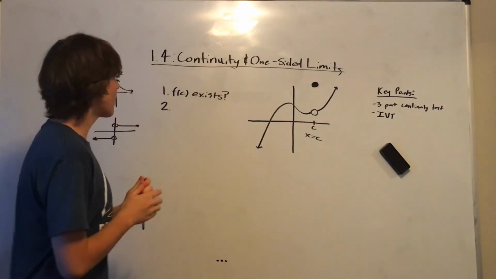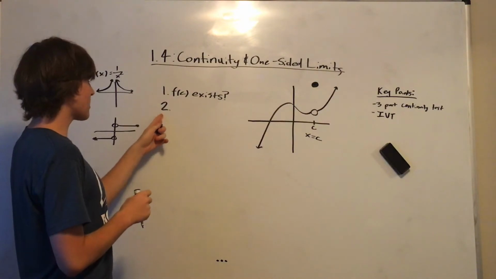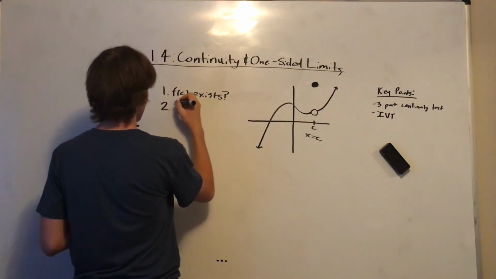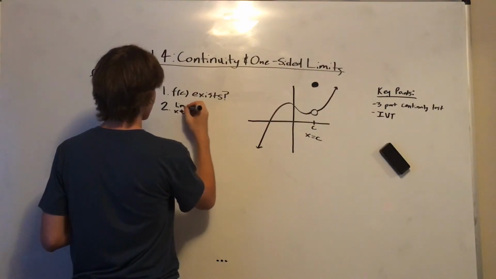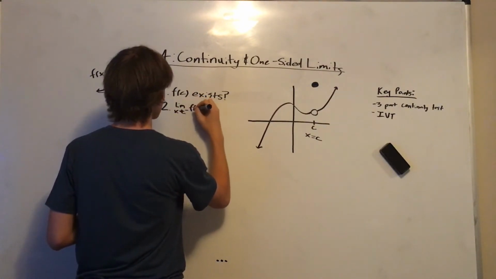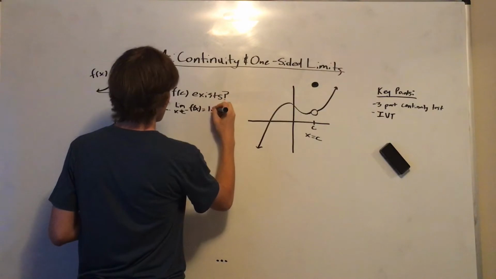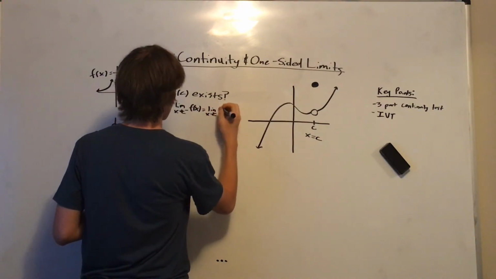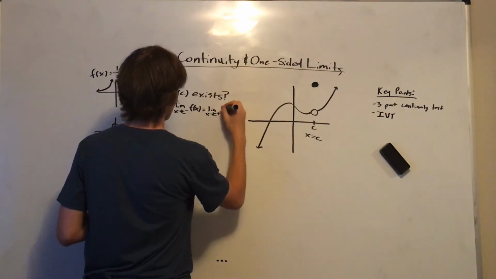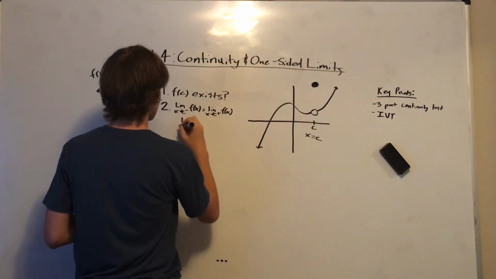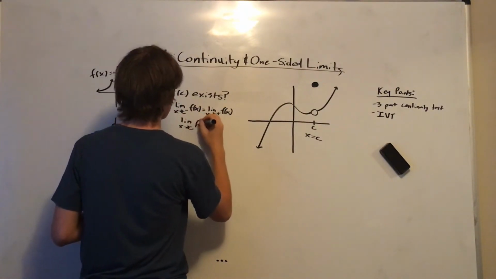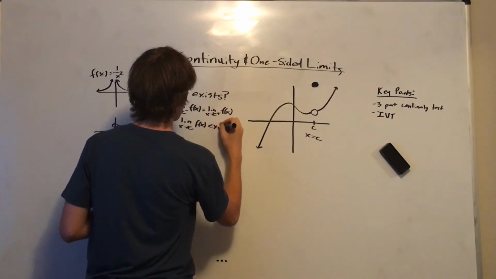Our second thing here is going to be that the limit as x goes to c from the left of f of x is going to equal the limit as x goes to c from the right of f of x. Meaning that the limit as x goes to c of f of x exists.